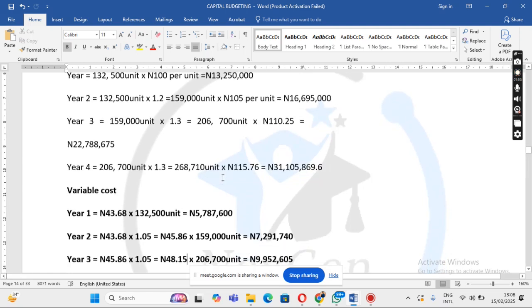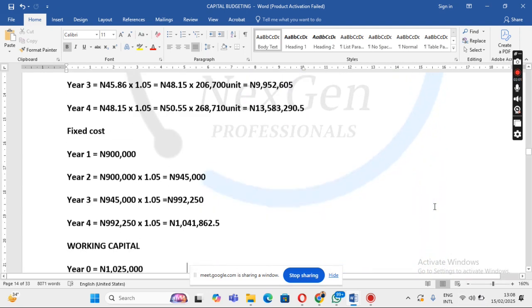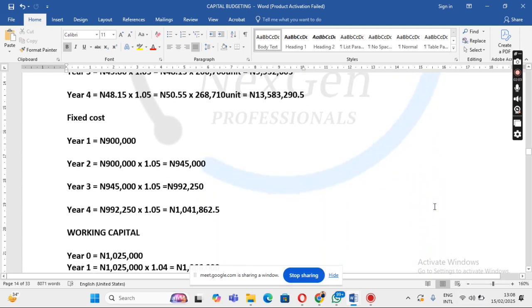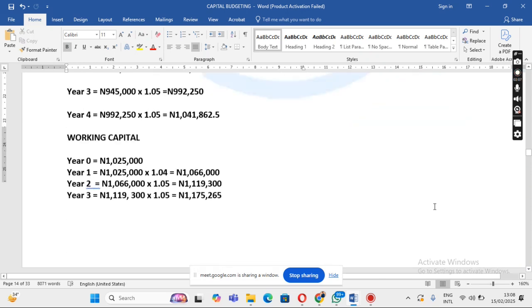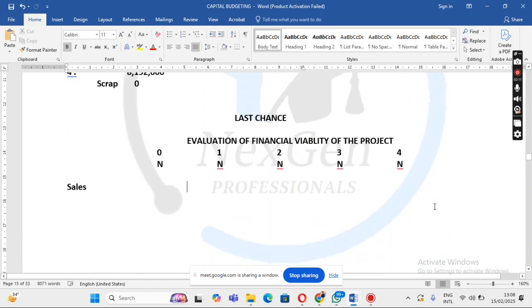After this, screenshot the variable cost. After the variable cost, please screenshot the fixed cost. Then we move into working capital later in the day.